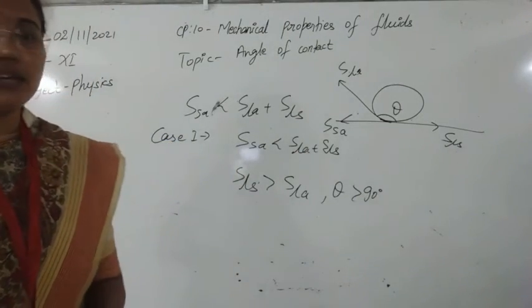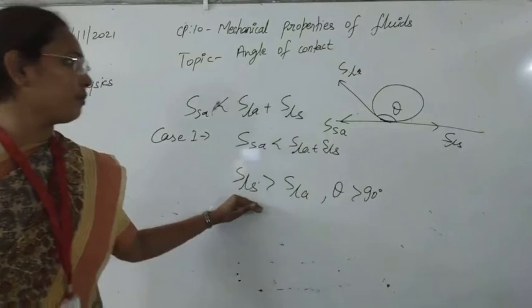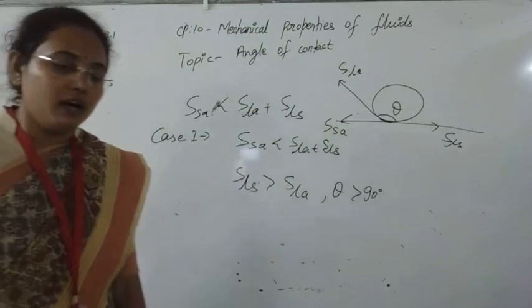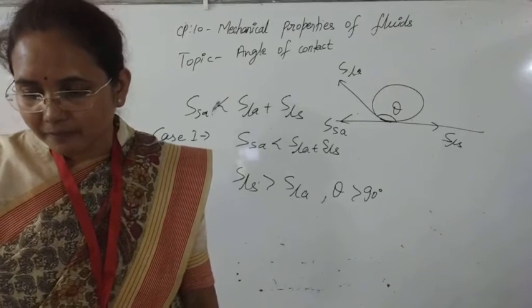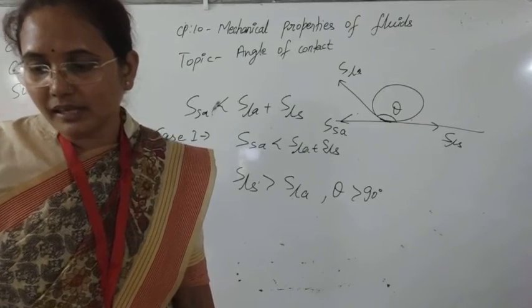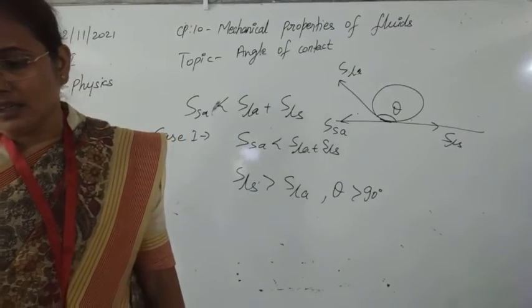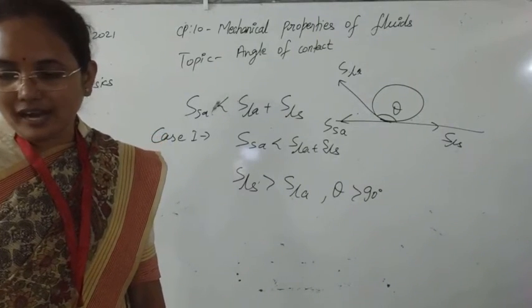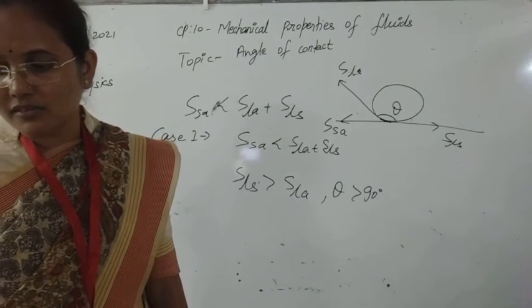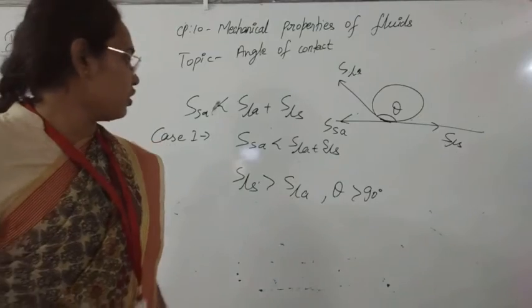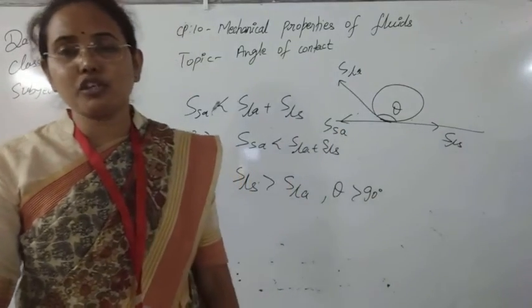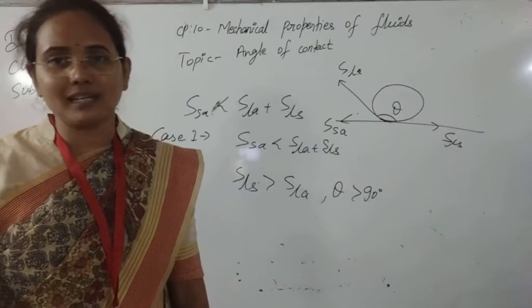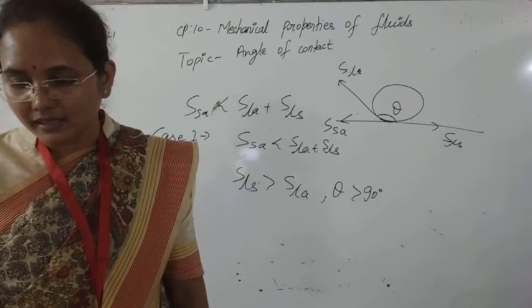So our angle of contact gives us information about the shape of the liquid drop whenever we place it on a solid surface. In this condition, the molecules of the liquid are attracted strongly to themselves and weakly to those of the solid. So the force of cohesion between the molecules is greater than the force of adhesion.